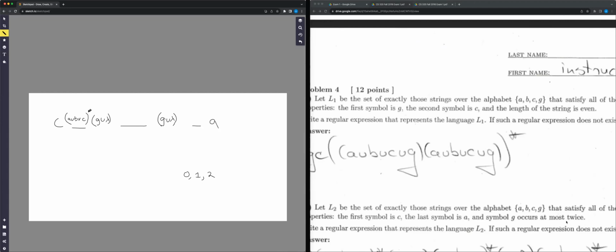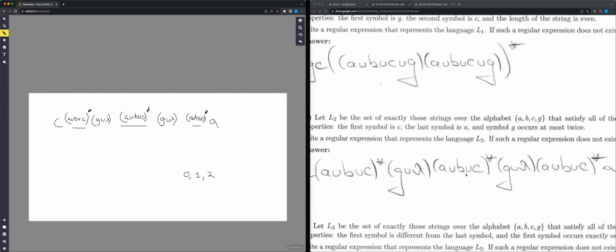No, I thought I said at most. This is at most two. If it was at least, then you'd be correct. And then we wouldn't need the lambdas, but whatever. It says at most. Same thing here. Anything can come as long as it's not a G. And same thing here. And so therefore this is our answer.